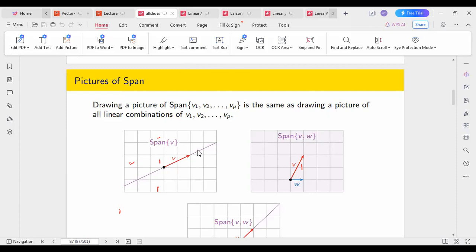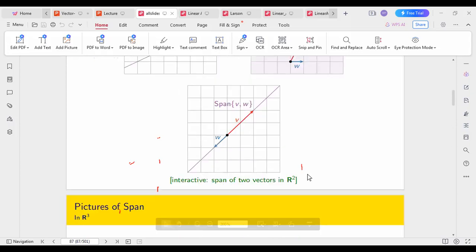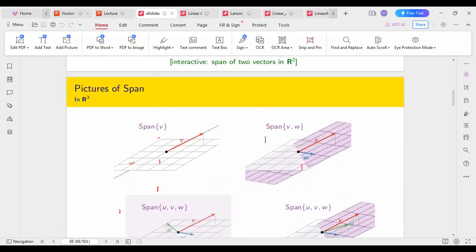Similarly, the span of b and w, where b is the red vector and w is the green one, can be drawn like this. So this is the span of two vectors in R2, that means in two-dimensional space.